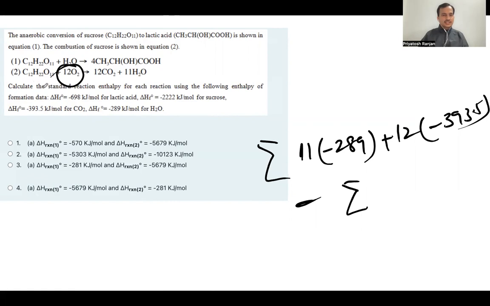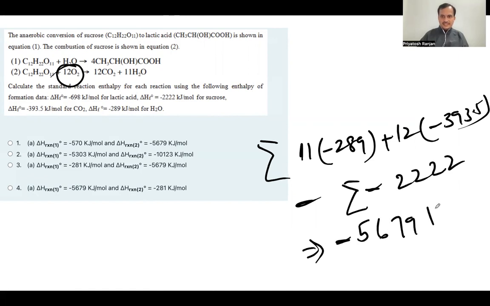So I only need to consider C12H22O11, which is minus 2222. Calculate it and you will get minus 5679 kilojoule per mole. So the correct answer is 3.